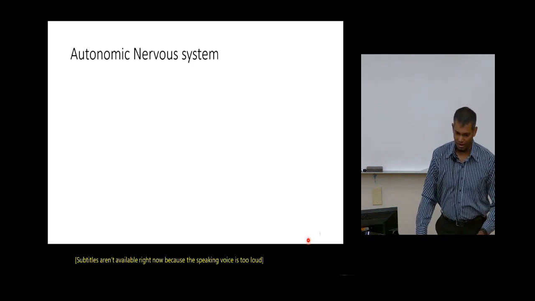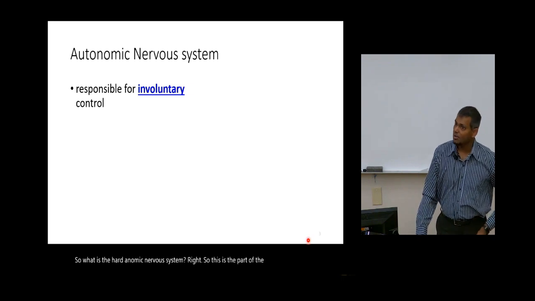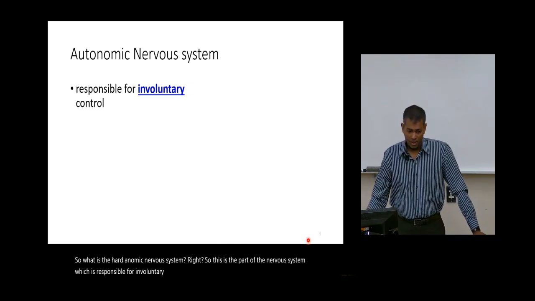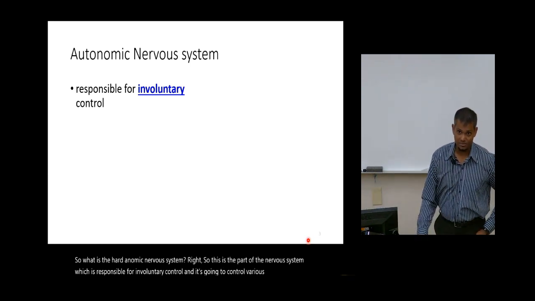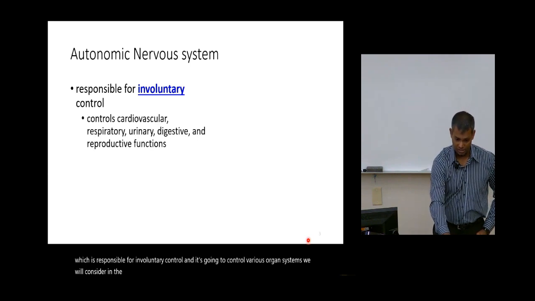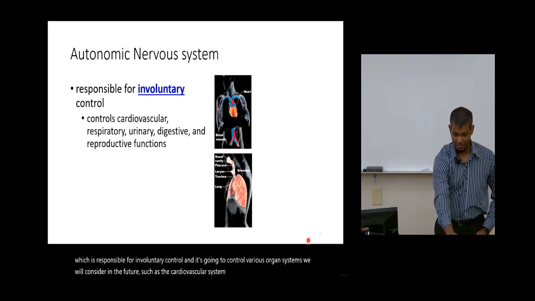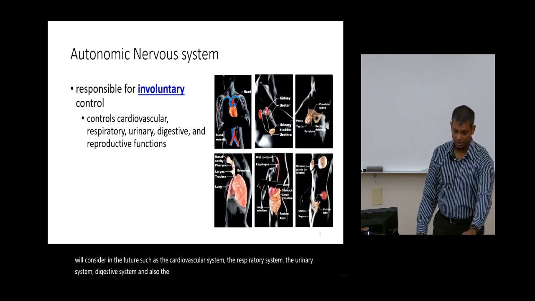So what is the autonomic nervous system? This is the part of the nervous system responsible for involuntary control, and it controls various organ systems we will consider in the future, such as the cardiovascular system, the respiratory system, the urinary system, the digestive system, and also the reproductive system.